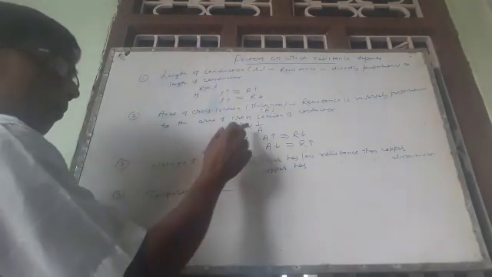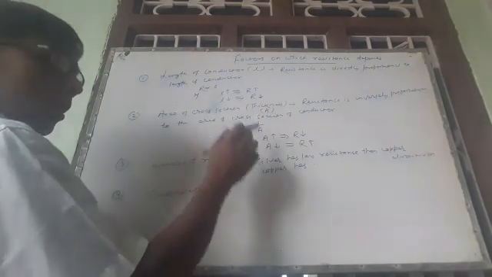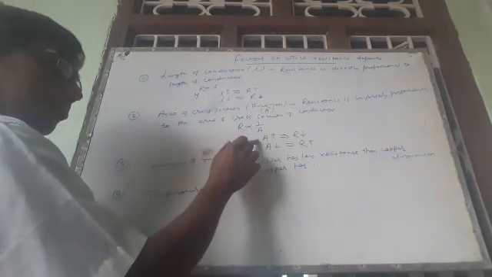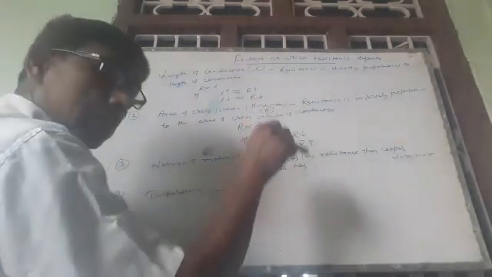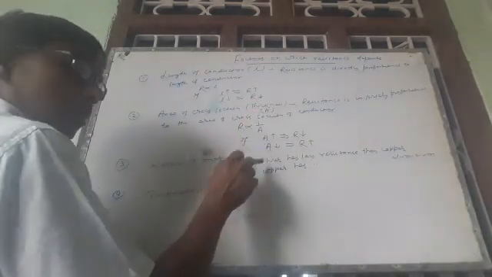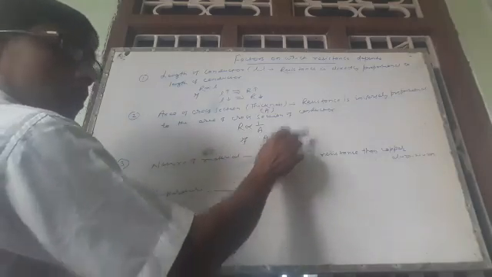So R varies as 1 by A. This means if the area of cross section, that is the thickness of the wire, is increased, the resistance will decrease. If the thickness of wire is decreased, the resistance will increase.